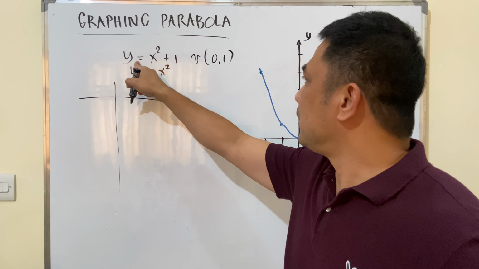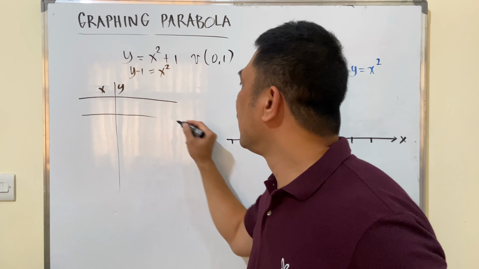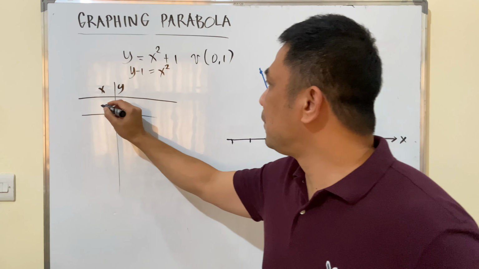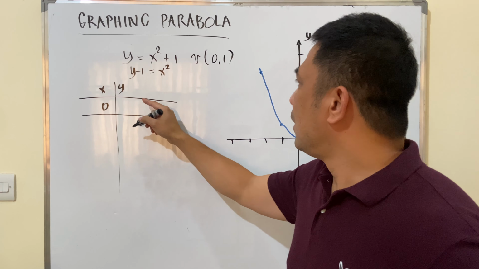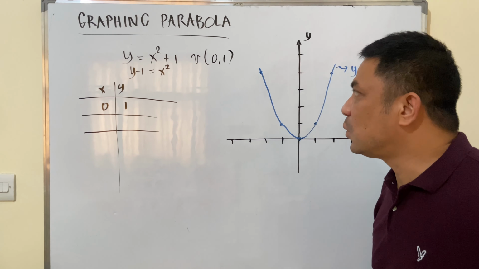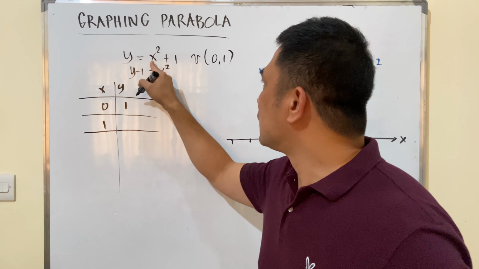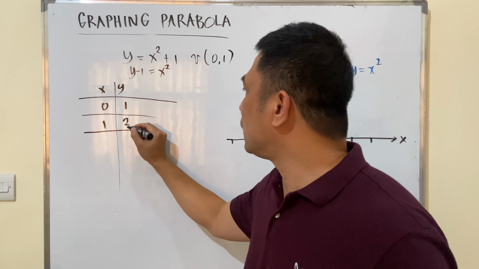Okay, so let's try to assign some values of x so we can get the values of y. So at x and then y. At x 0, of course, y will be 1, and then at x equals 1, x squared, that is 1 squared, that's 1 plus 1, y is equal to 2.